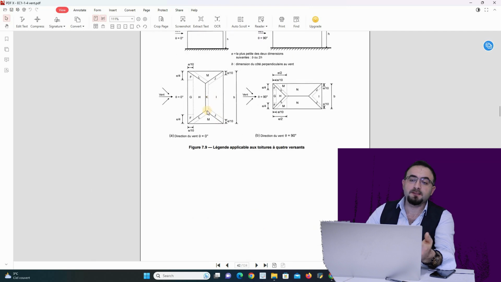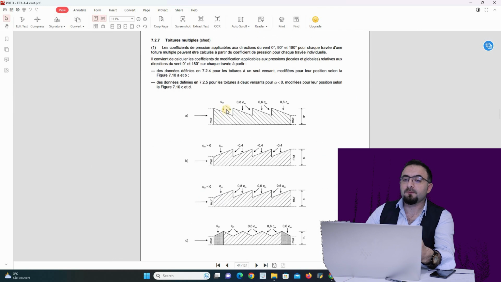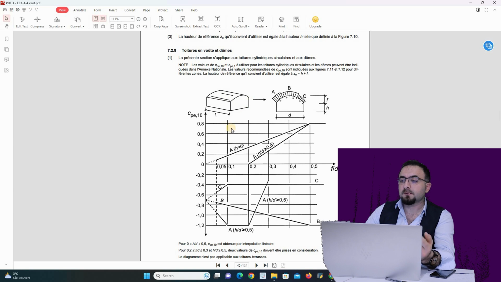We have different zones for distributing the effort, the wind force. If we have many roofs, we have a reduction coefficient: here a reduction of 40%, here 20%, and here we bring the load as shown. Here we have another type of roof.